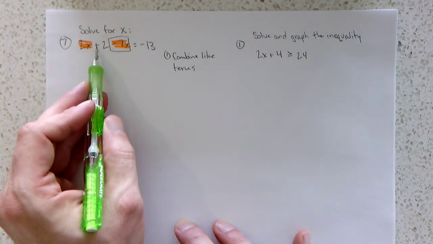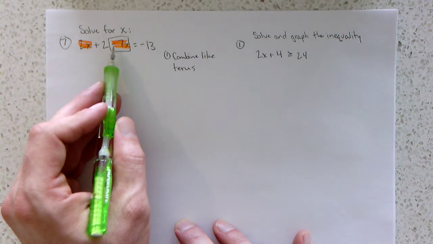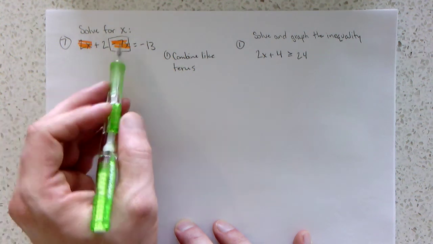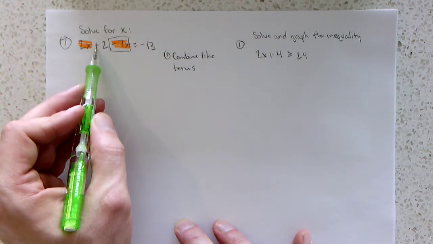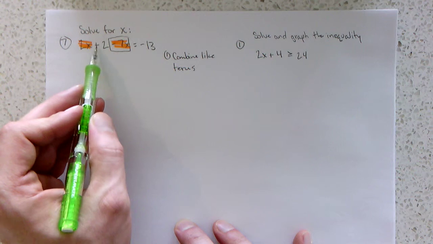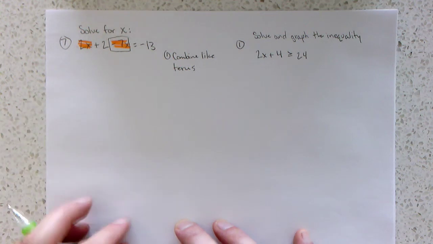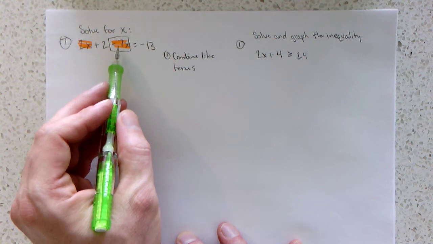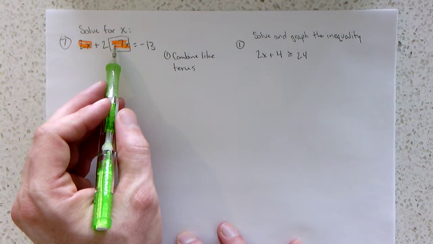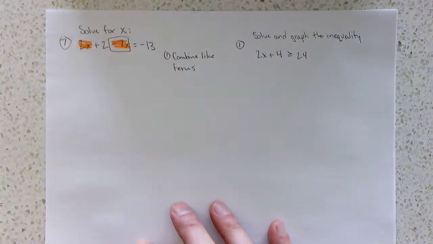So the sign to the left of a number always goes with that number in particular. So my negative 7x, I have a positive 2, so the sign to the left. And here, when I don't see a sign, it's actually telling me that it's positive. So if I don't see the sign, it's positive. But the sign is always to the left of the number, so we can't forget that this is a negative 7x. All right, so combine the like terms.